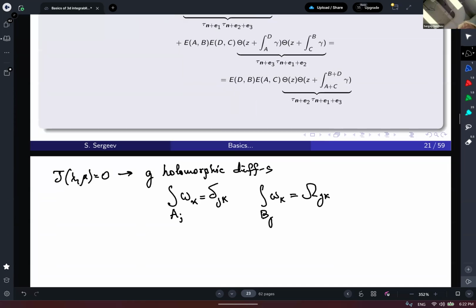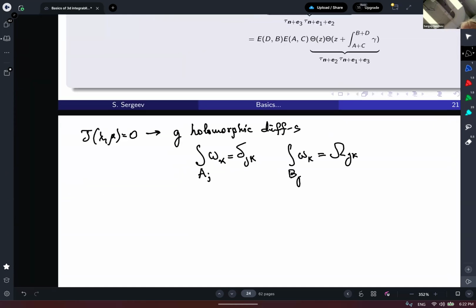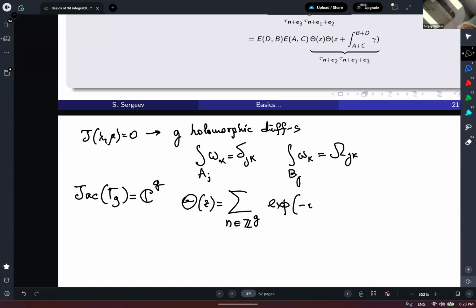you obtain coefficients, omega coefficients, and then the Jacobian of this curve, Jac of gamma, is just a g-dimensional torus, and on this torus a theta function is defined: the sum over n from Z to the power g of exp of minus i pi n omega n plus 2 pi i z n. So the formula is like this.